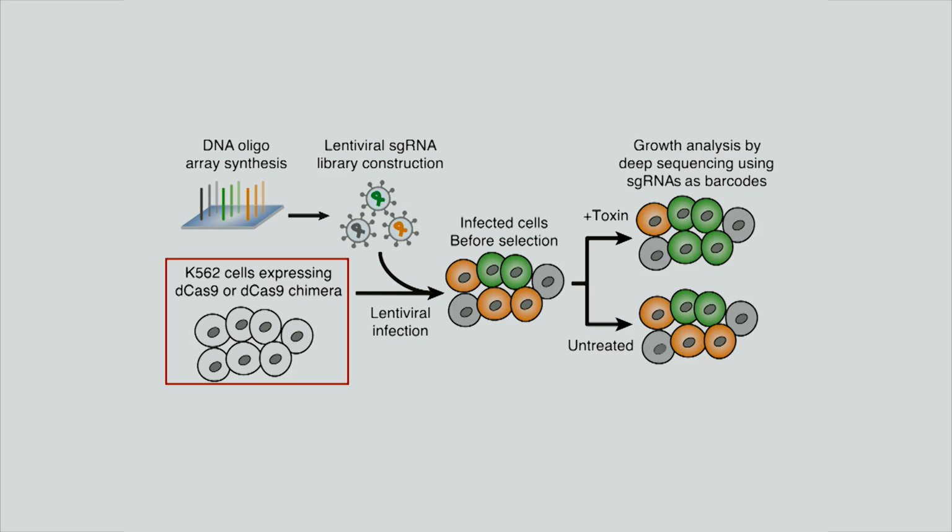So the other arm before you actually get into a screen is you need a cell line to screen in. So this cartoon says K562s, but really the hope with these technologies is that in any system you can use the most relevant cell line for the biology you're interested in, or the easiest cell line to screen for the setup that you have.